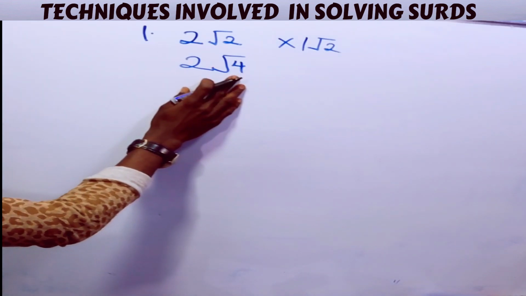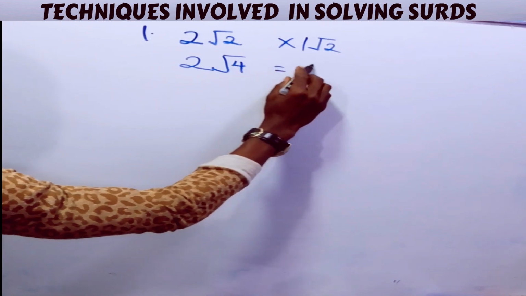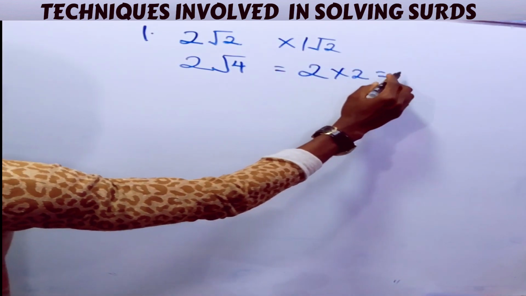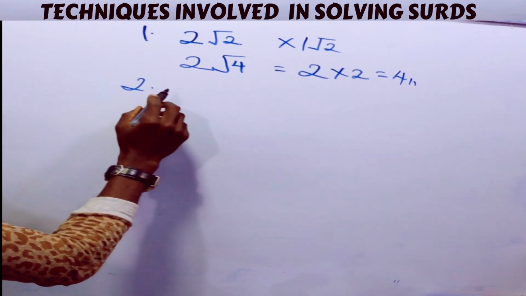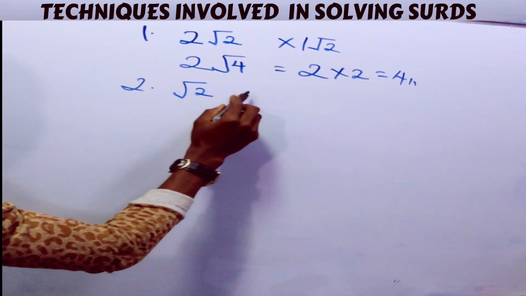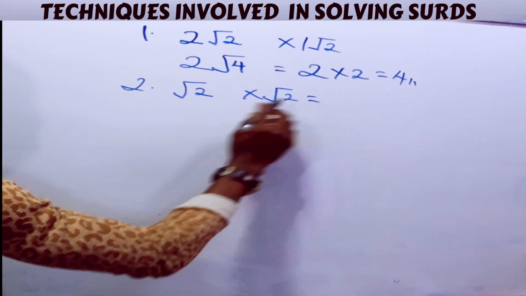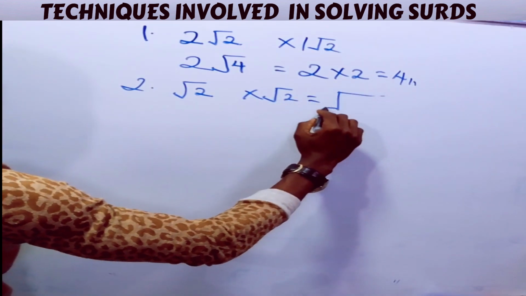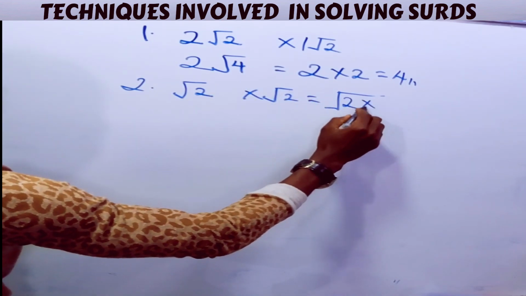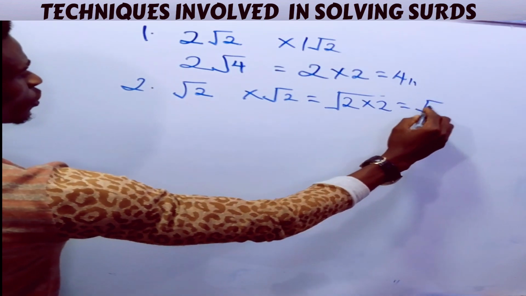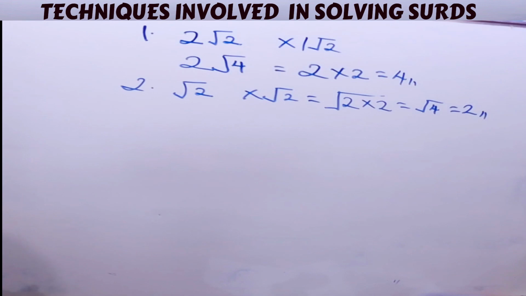And of course, root 4 can be simplified to give us a rational number, which is 2 times 2 to be 4. Also, if we have root 2 times root 2, here we simply place the two roots under one root by saying 2 times 2, which is root 4, and root 4 is 2.